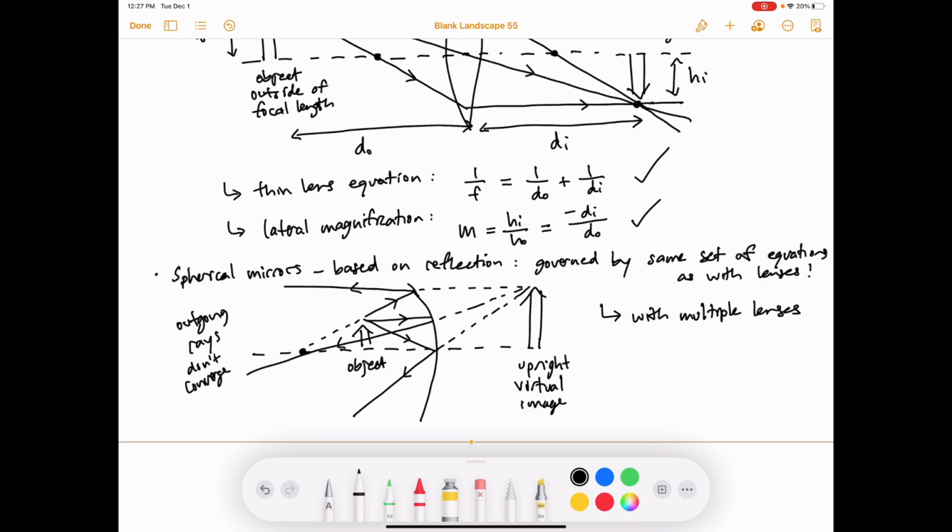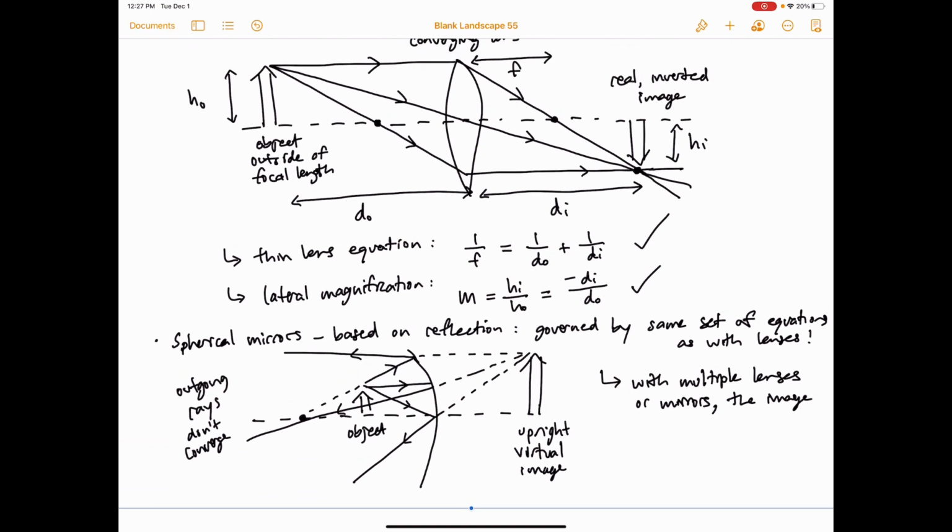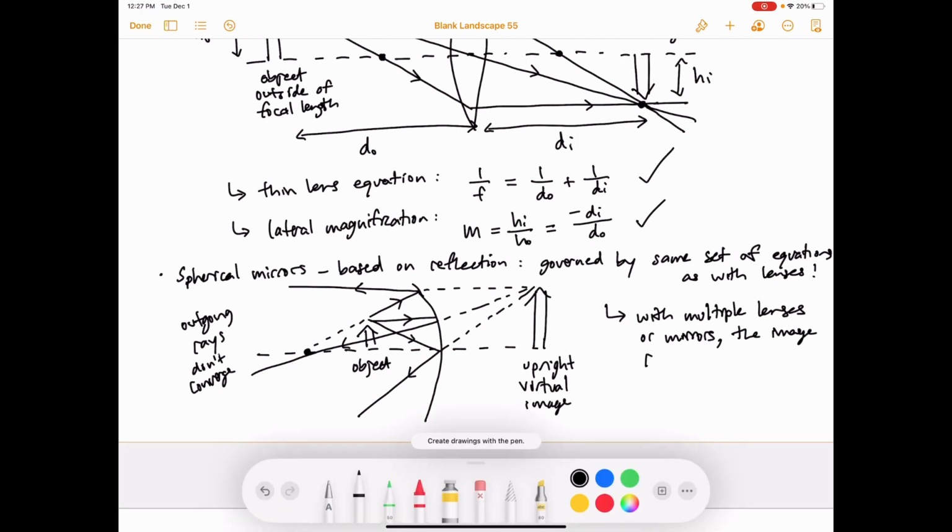so if you're constructing something like a telescope or a microscope, for example, how do we deal with that? Well, it's pretty simple. The image formed by one instrument becomes the object for the next.